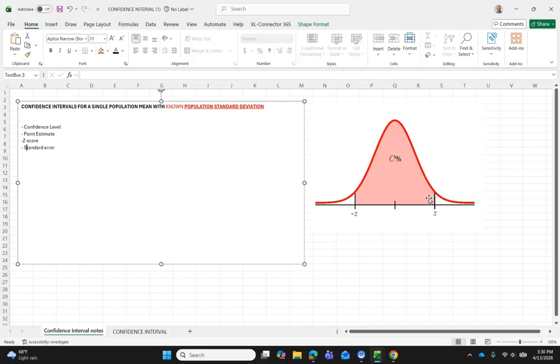But sometimes you may be given different values or different probabilities or percentages, like 90%, 98%, 92%. That will be fine. But if you are not given a confidence level or probability at the center, we normally consider that as a 95% confidence level as default.